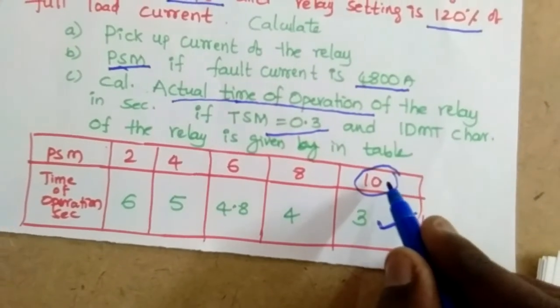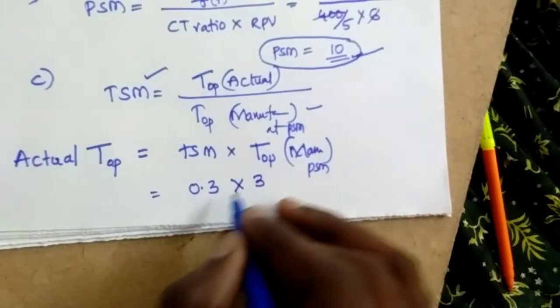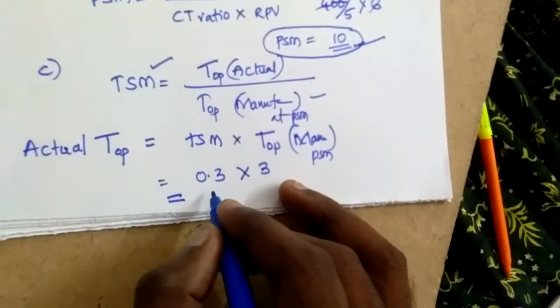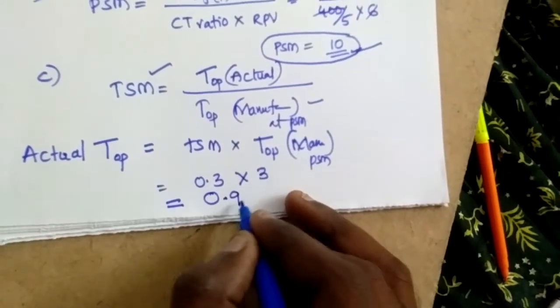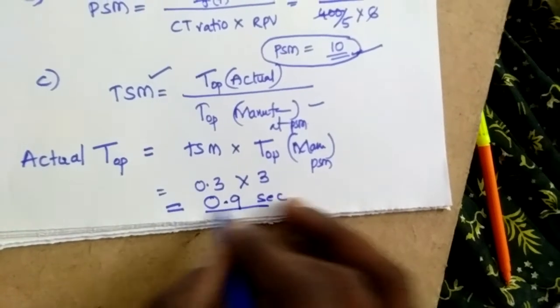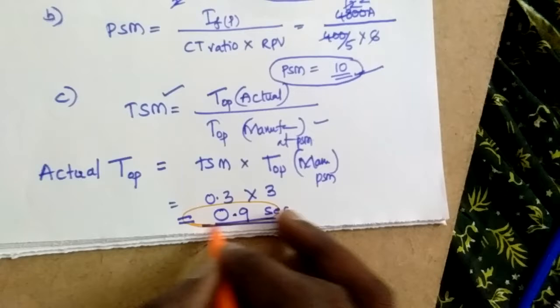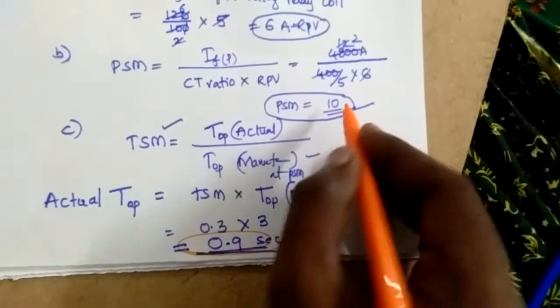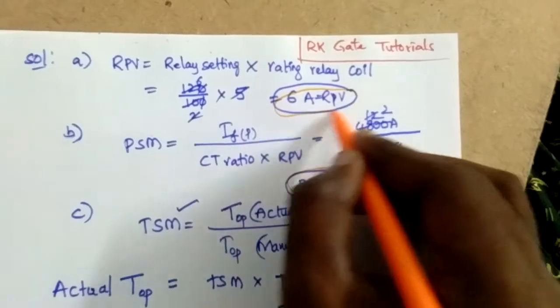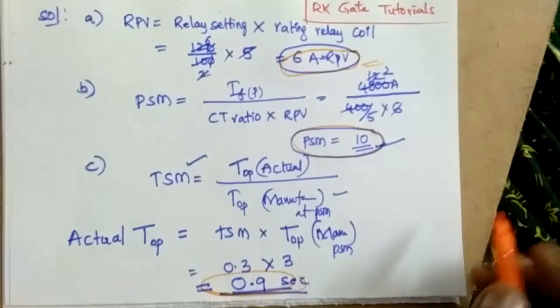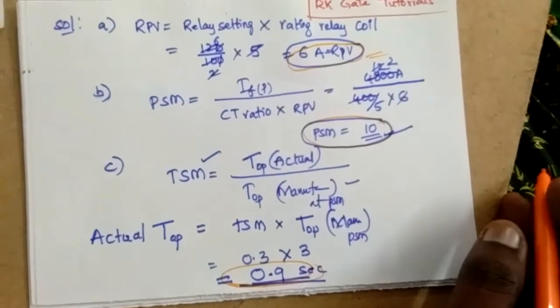For the PSM of 10 we got 3. So the actual time of operation is 0.9 seconds. This is the solution for the third, this is the solution for the second, and this is the solution for the first. Hope you understood this. A simple problem.